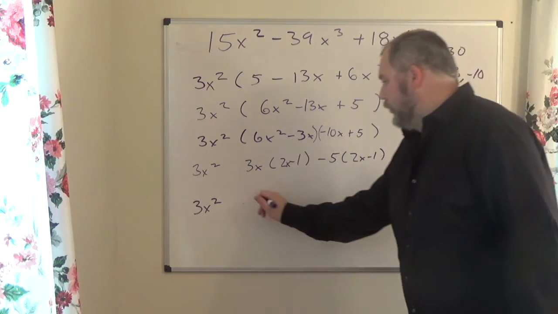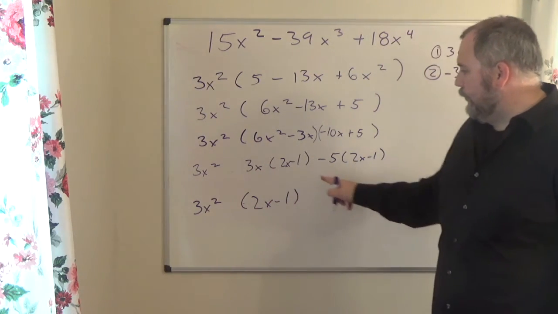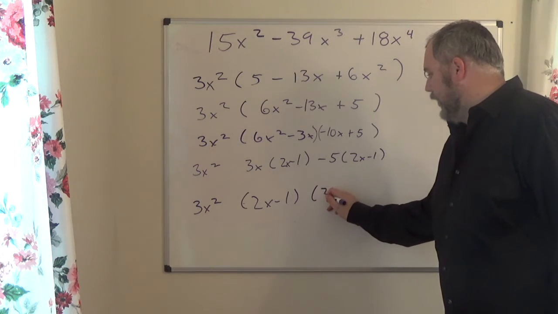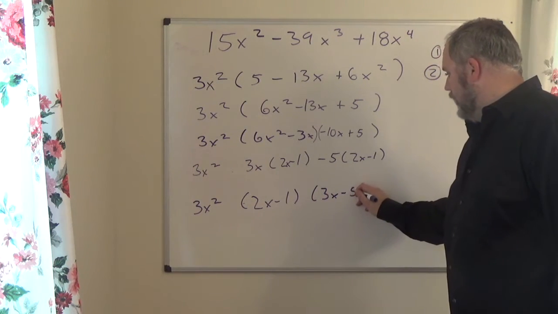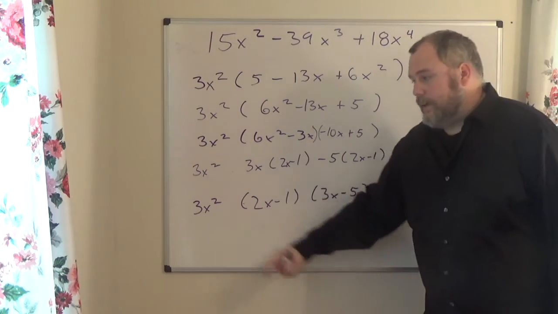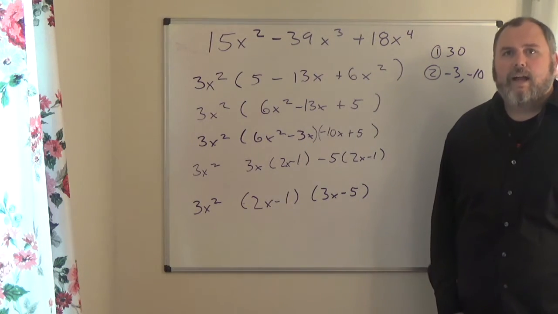What's in common gets written, so it's 2x minus 1. My leftover guys, which are 3x and the minus 5, they get hitched and married together. And I have my factorization: 3x squared times 2x minus 1 times 3x minus 5.